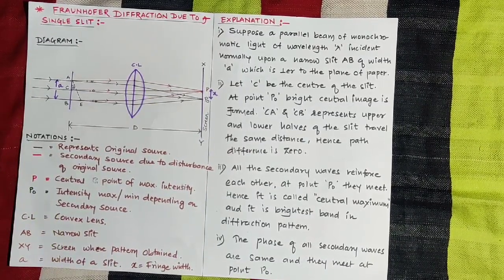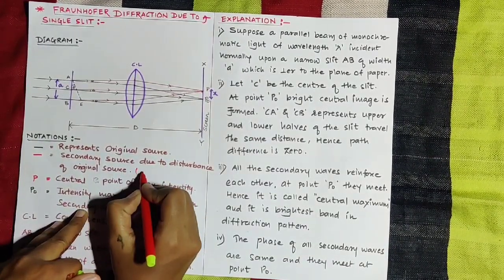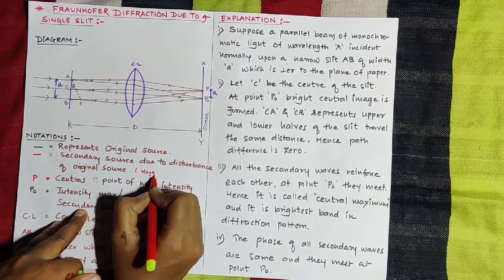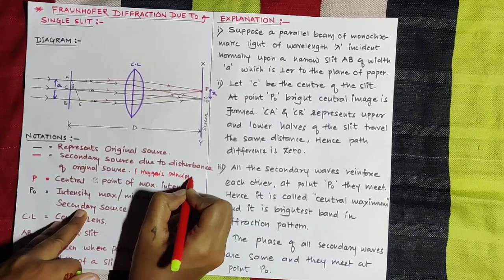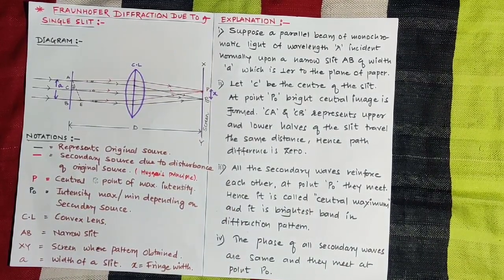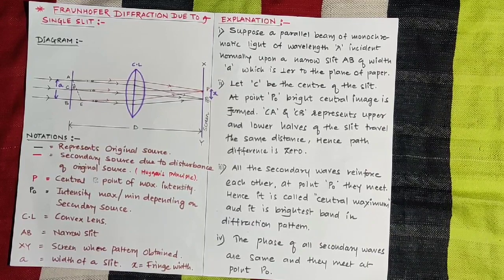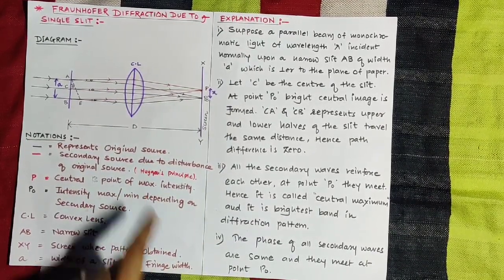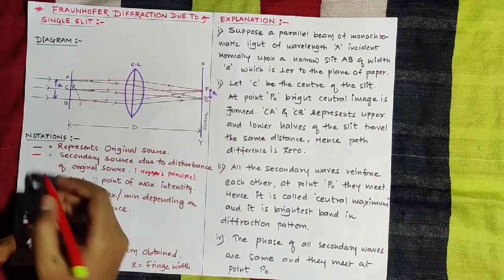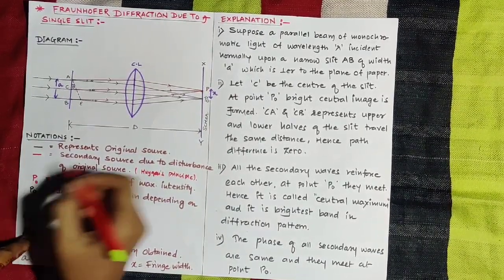Here, just for your understanding, I am writing Huygens principle. We already know what Huygens principle is. Okay, so this P is called the central point, sorry, here I wrote P, we have to write P0.